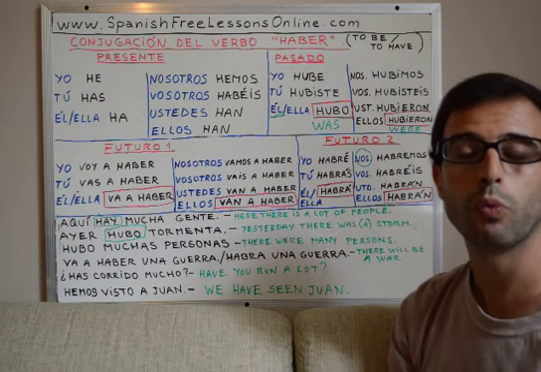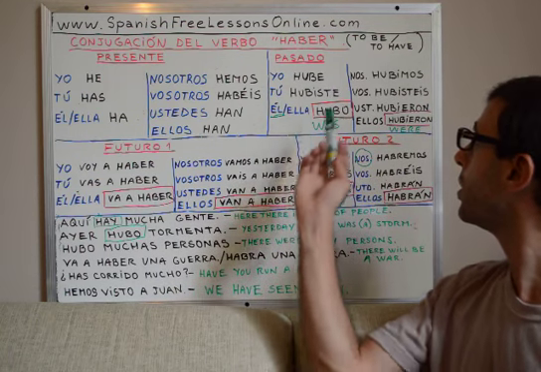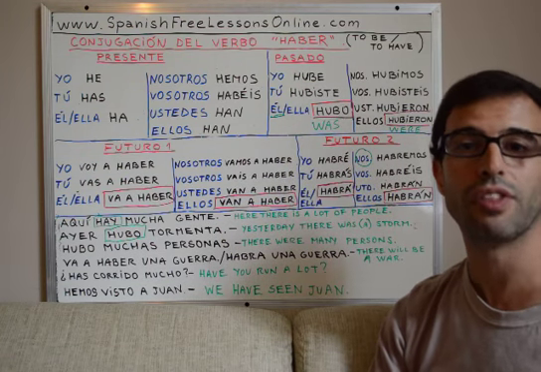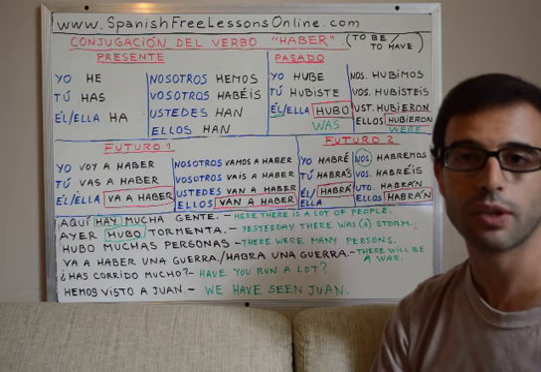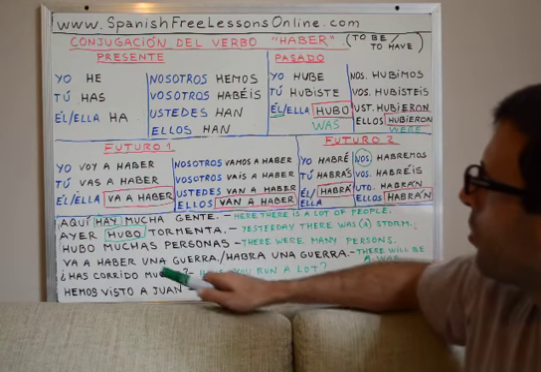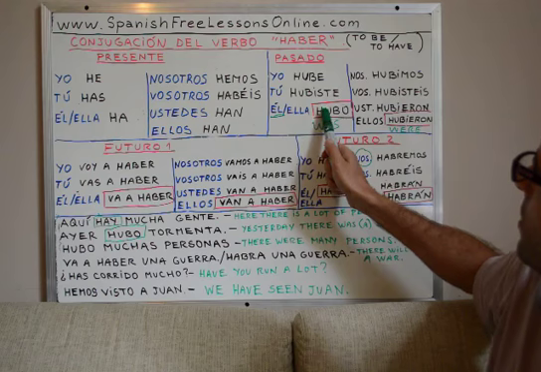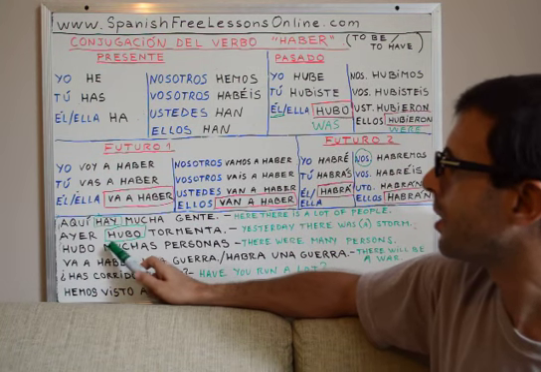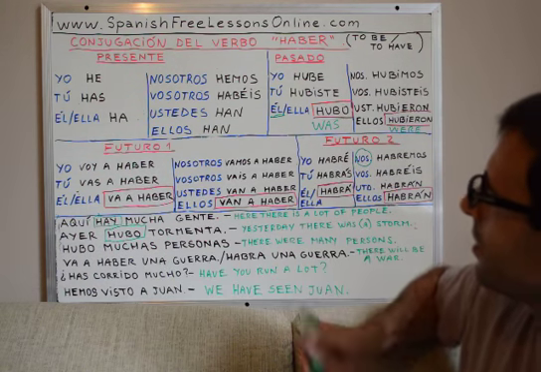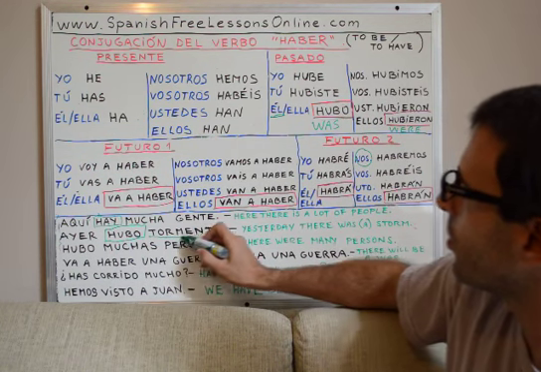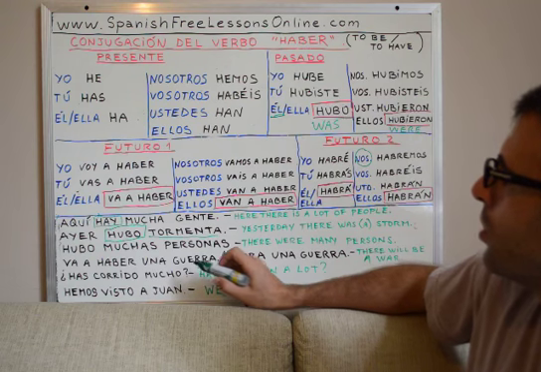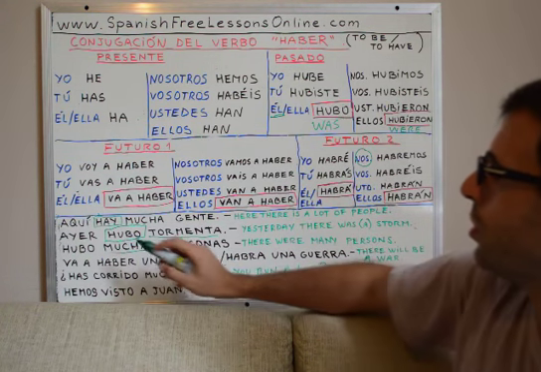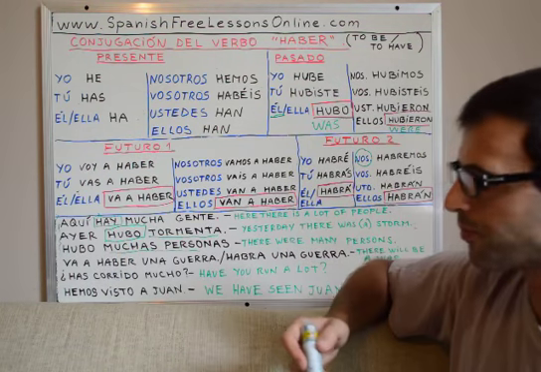But when we want to use the verb haber, like there was or there were, in Spanish we would only use hubo, right? The singular.